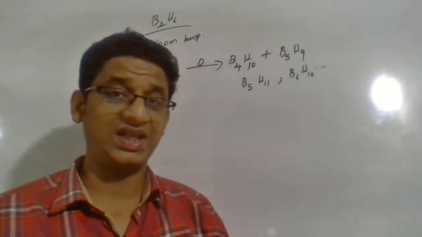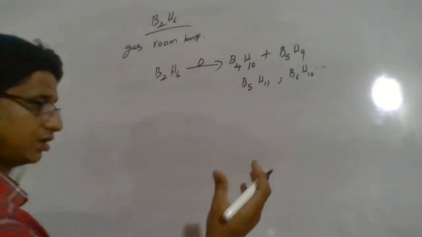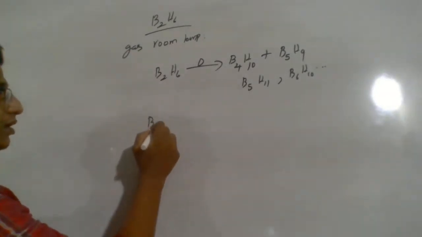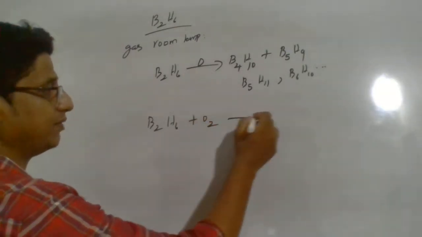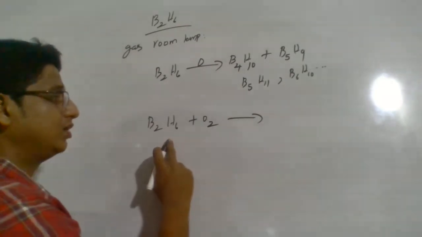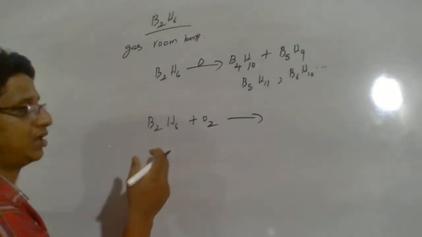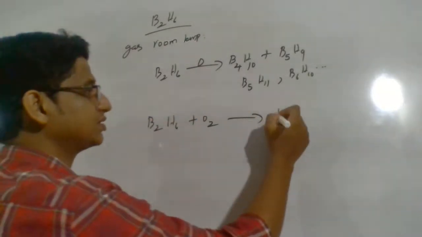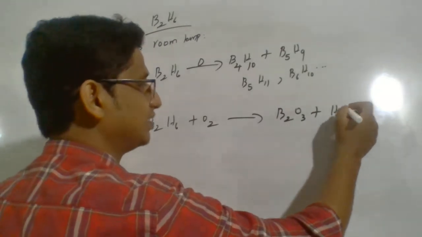Action with oxygen. Yes, diborane does undergo a combustion reaction, which is highly exothermic in nature. That means a huge amount of heat will be released. Combustion means heating in presence of oxygen. This time diborane is not a hydrocarbon, so we will get boron oxide or boric oxide, and then water. These are the products.